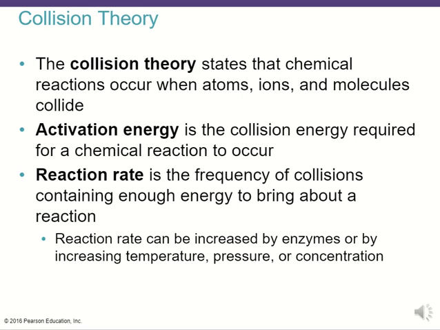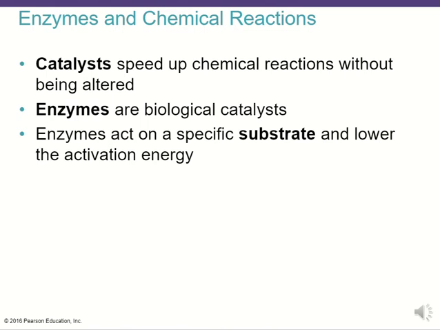And the reaction rate is the frequency of collisions, how often they occur, or how often they have enough collision energy to occur. Now, reaction rate, or the speed of reaction, is increased by enzymes, or by increasing often the temperature, pressure, or concentration of what's being reacted.